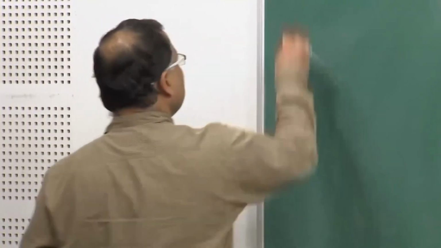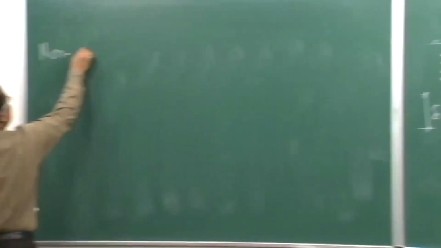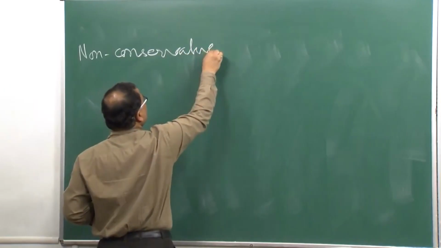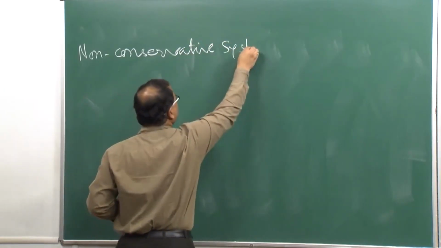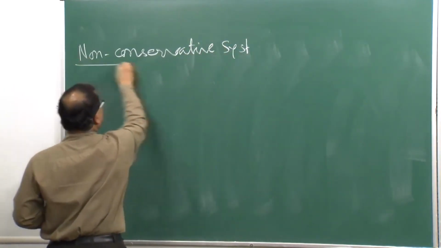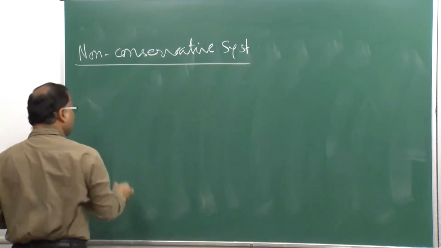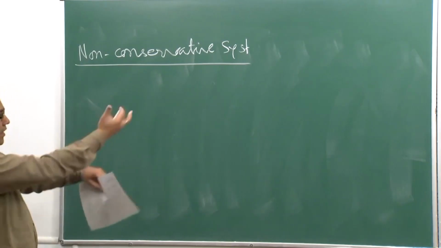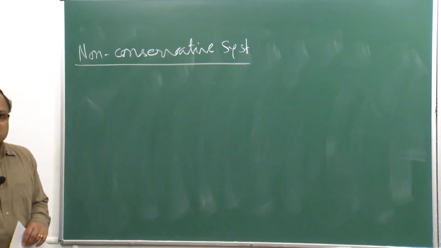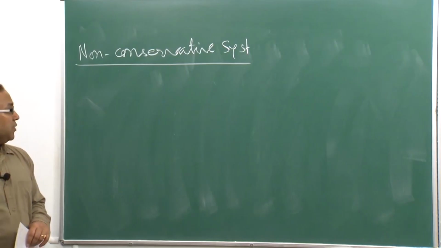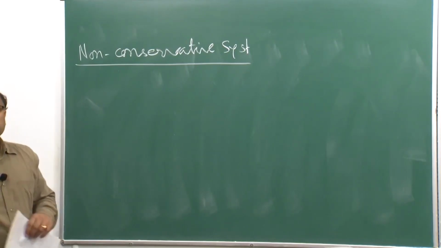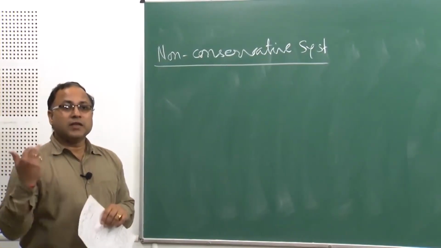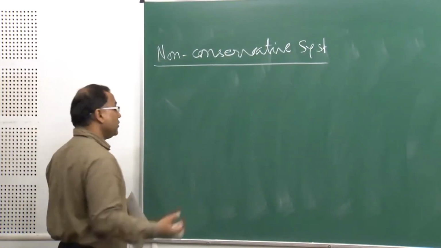Now, if you consider a non-conservative system, what does it mean? It means the work done is not recoverable. In the conservative system, work done is recoverable. But if you get a system where the work done is not recoverable, that system is known as a non-conservative system.